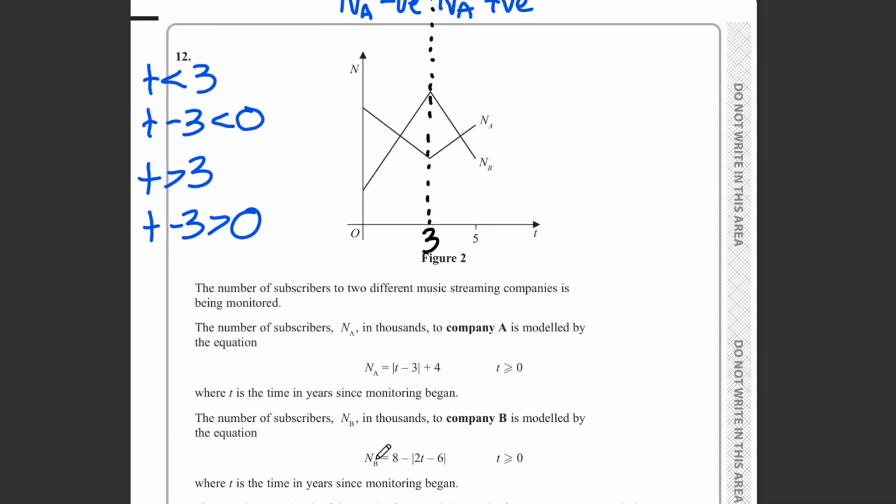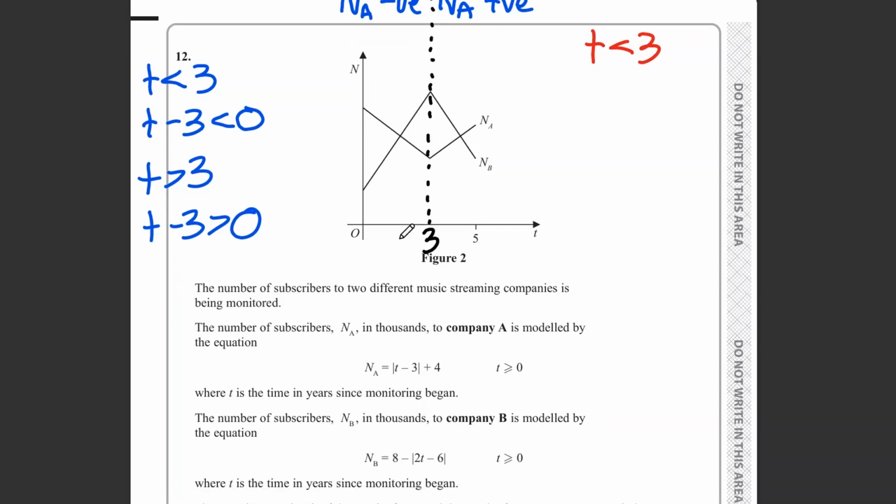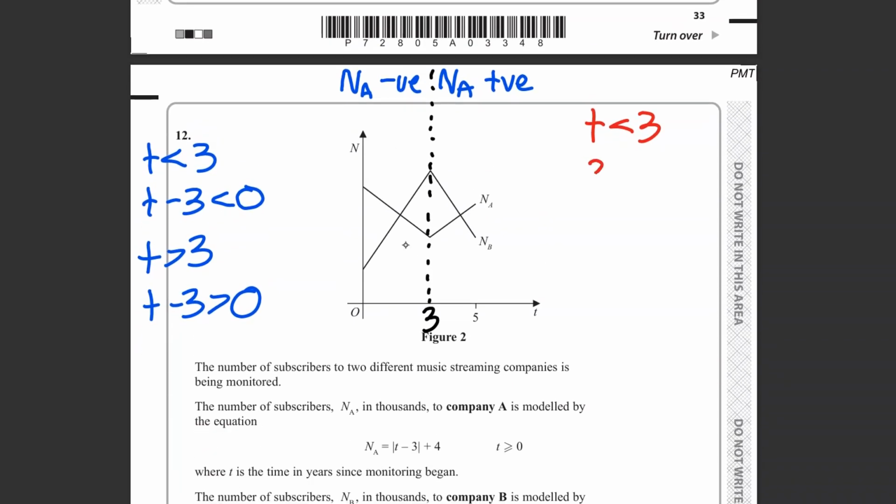If we now focus on NB, this is 8 minus the modulus of 2t minus 6. If we first focus on this side here, this is where t is less than 3. For this 2t minus 6, let's say t is equal to 2, so it's 2 times 2, which is 4, and then minus 6, which is minus 2.